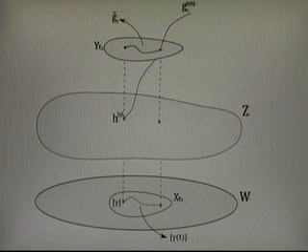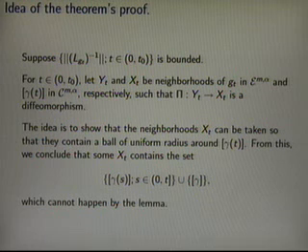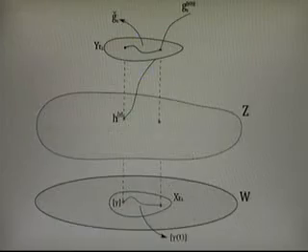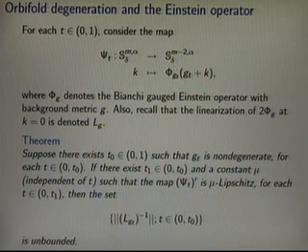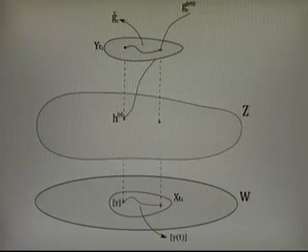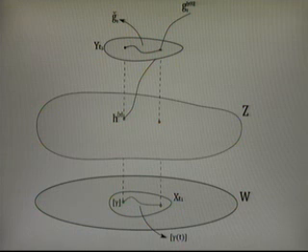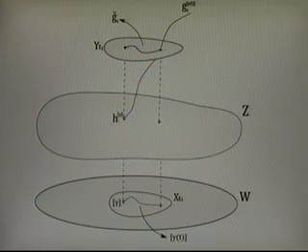So here's the lemma. The way you prove the theorem is by showing that you can pick these neighborhoods X_t and Y_t such that the size of the neighborhood is uniform.